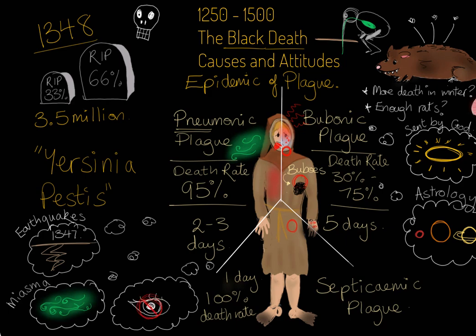Some people went so far as just to seal their doors and windows and to stay away from everybody because they believed that that would solve the problem. So contact with plague victims was seen as being a way of catching the plague.